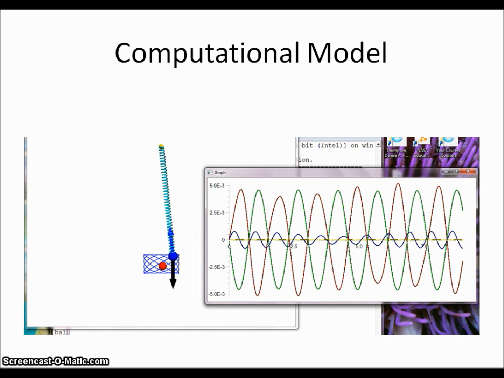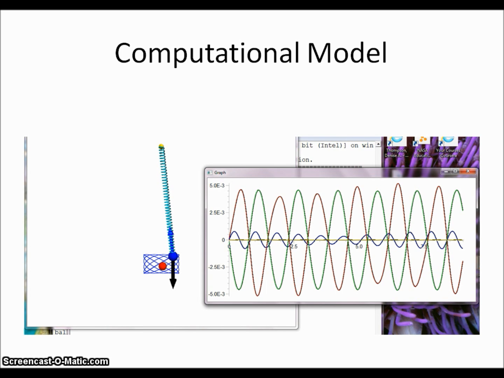So you'll notice there's this relationship. When the spring energy is at its maximum, the gravitational energy is at its minimum. When the gravitational energy is at its maximum, the spring potential energy is at its minimum, and that's because the length of the spring is changing.